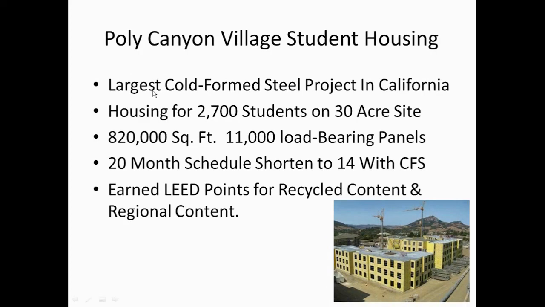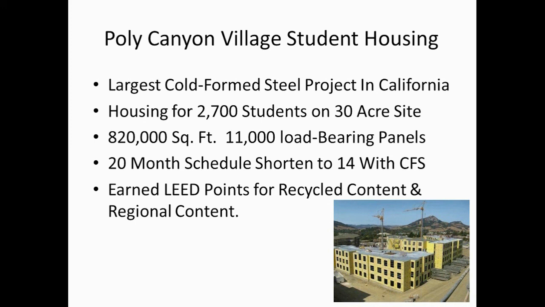But anyway, at the time, and I'm sure it's still true, it was the largest cold-formed steel project in California. It was housing for 2,700 students on a 30-acre site. It had 820,000 square feet of 11,000 load-bearing panels.